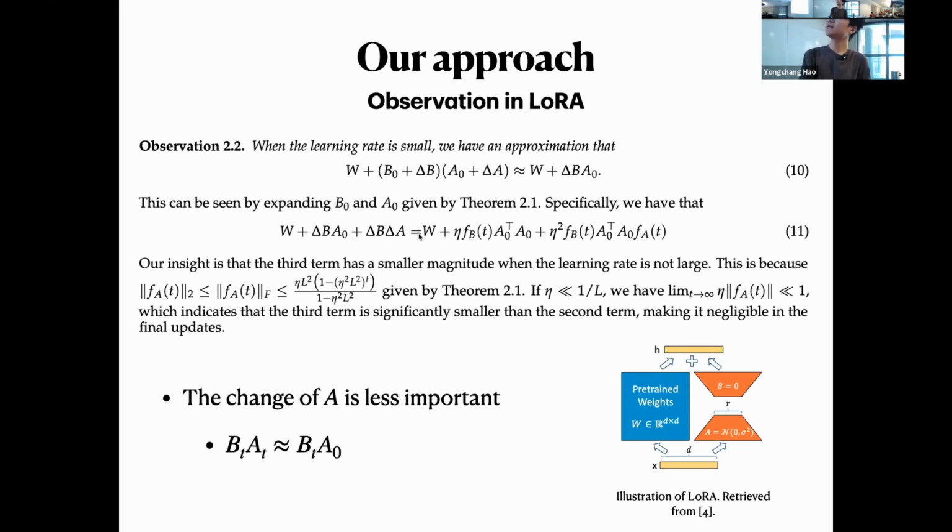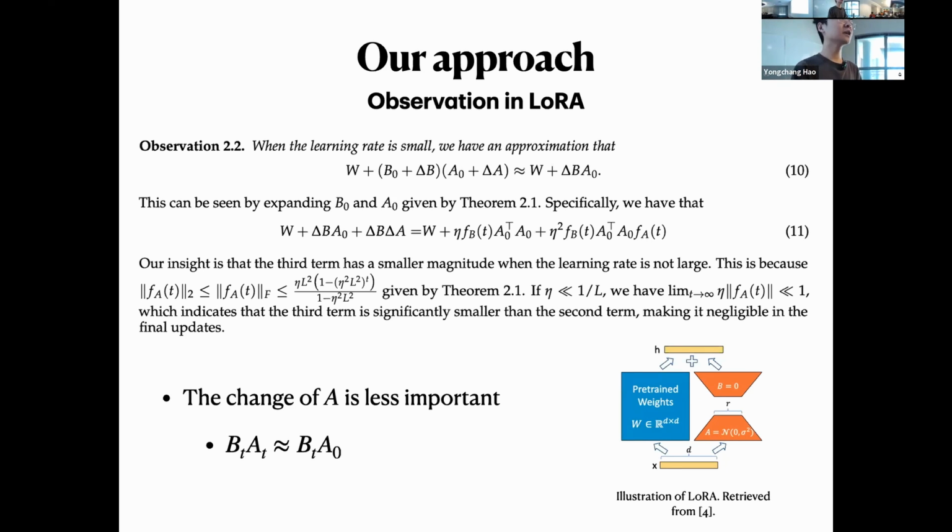And now if you really look into this, you will find that for the second and the third term, these things are the same. The only difference is that for delta B delta A, there's an additional term. That term basically represents the magnitude of how large A is changed. And in the last theorem, we upper bounded the norm of this thing with some condition.